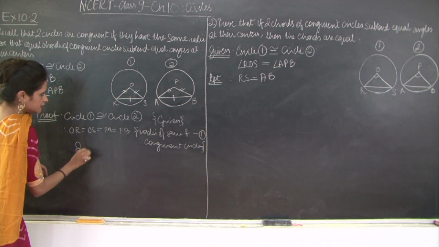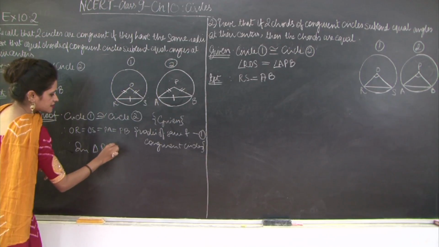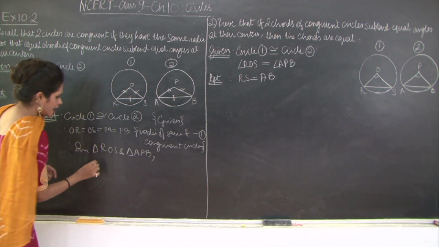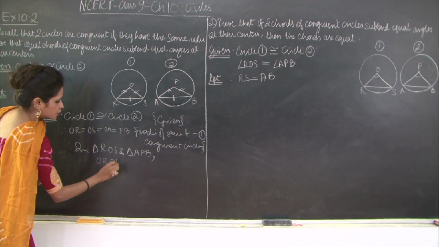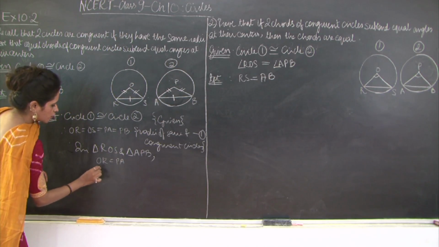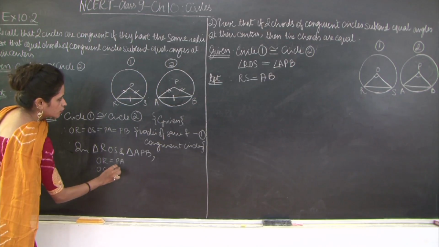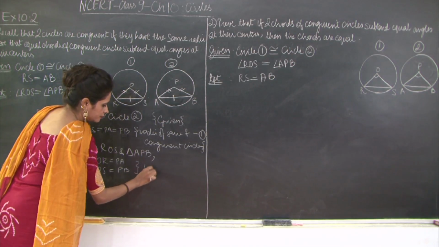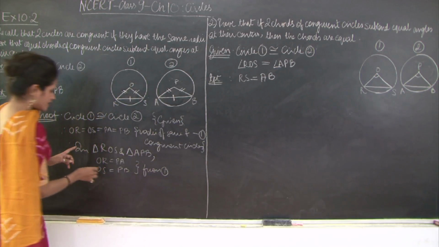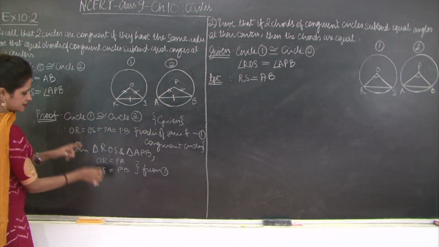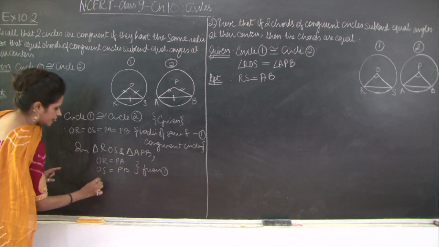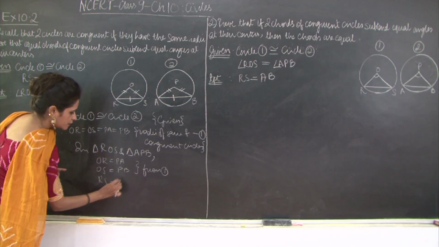Now, in triangle ROS and triangle APB, I have OR is equal to PA and OS is equal to PB. This is from 1. So, have we written OR, OS, PA, PB, right? And also what do we have? That RS is equal to AB.